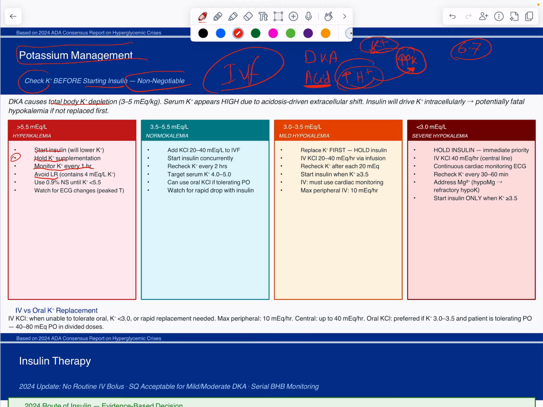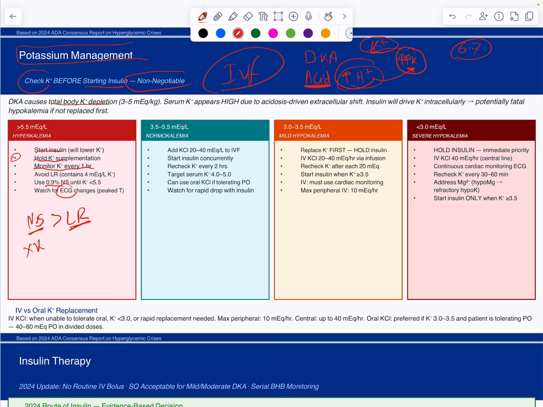In this case, NS will be better than LR because NS doesn't have any potassium, but LR has potassium. So in this case, avoid the LR and we'll use the 0.9 NS. And again, if it's severe hyperkalemia, we need to get an ECG also to monitor for any hyperkalemic changes.